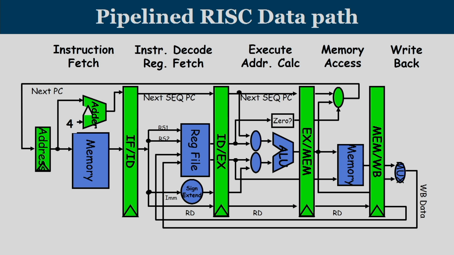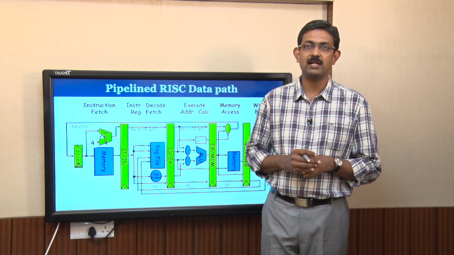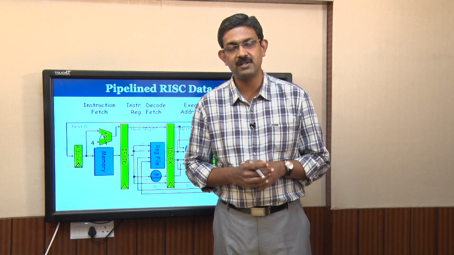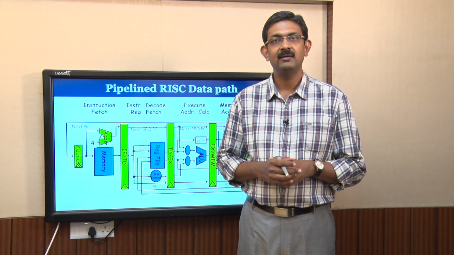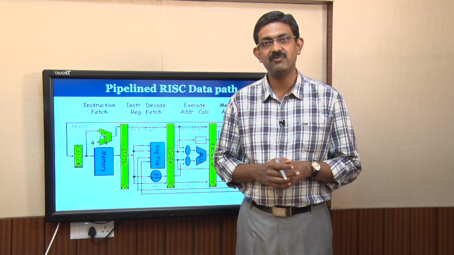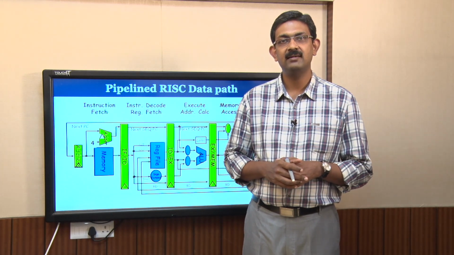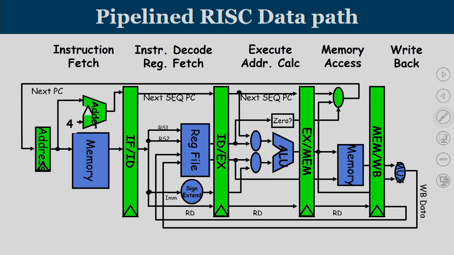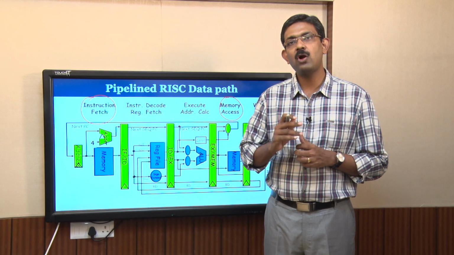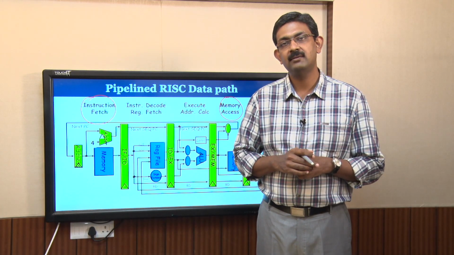This is slightly unrealistic when you come to the real implementation of these units in hardware. We know that the first stage, that is instruction fetch, and the fourth stage, the memory access stage, are not completely inside the processor.